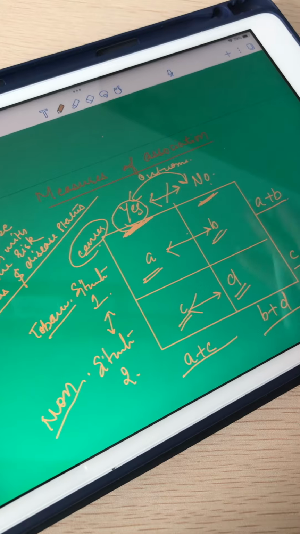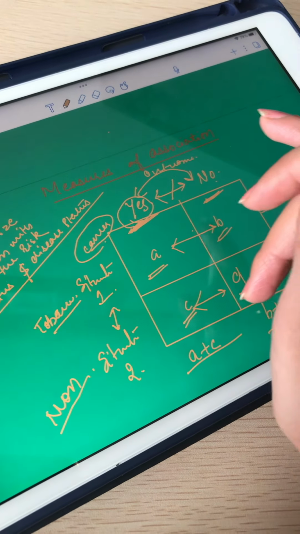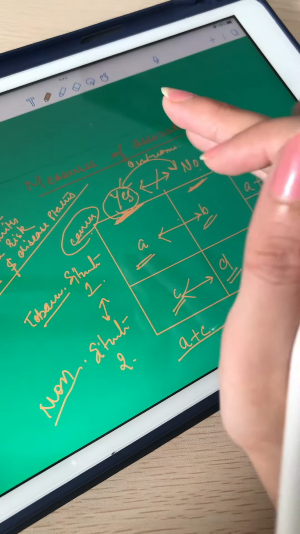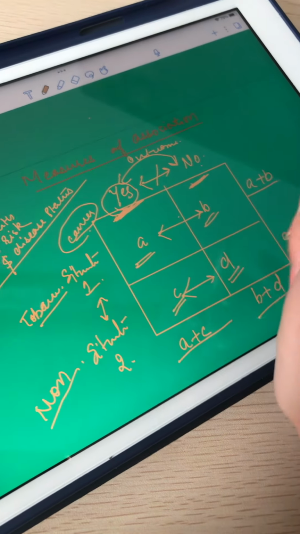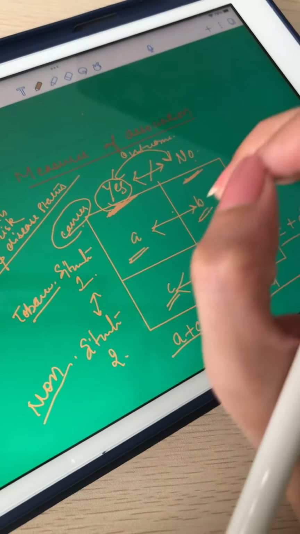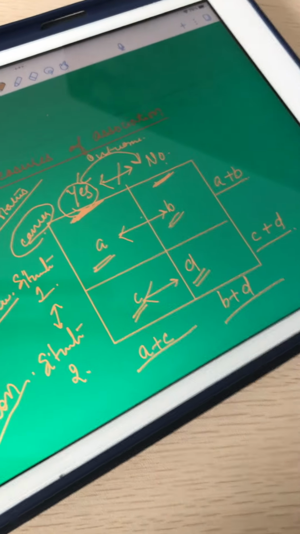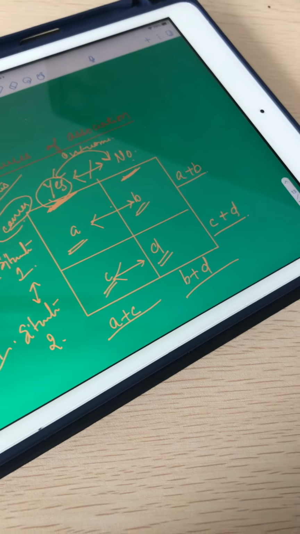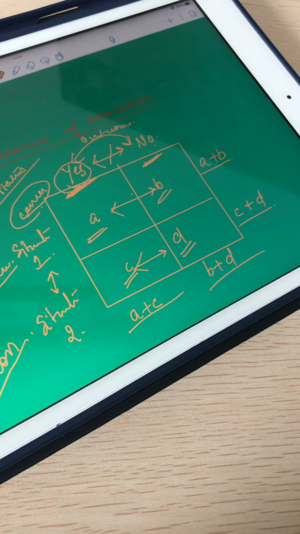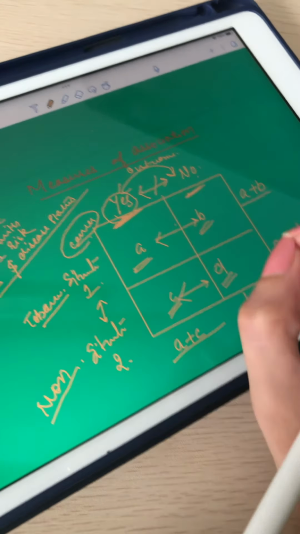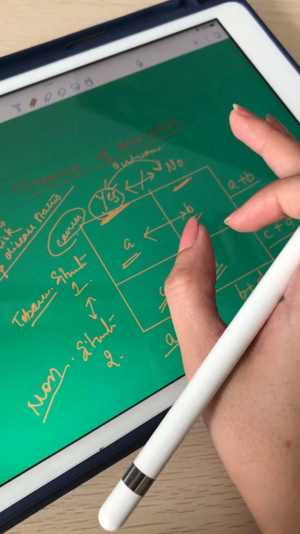So on a rough page, you can make the graph in a very easy manner and calculate it, because the values A, B, C, D will be given to you, but you have to know where you should be putting each value, and the answer is just a second away if you understand this concept properly.